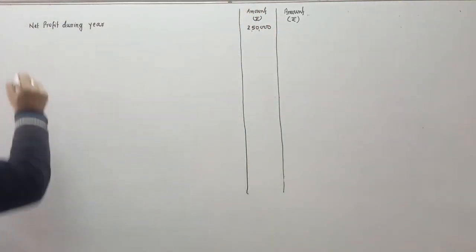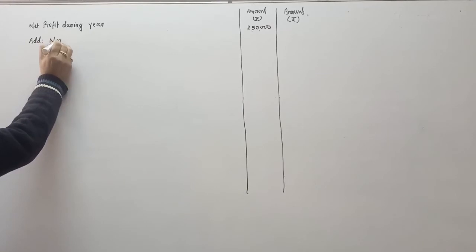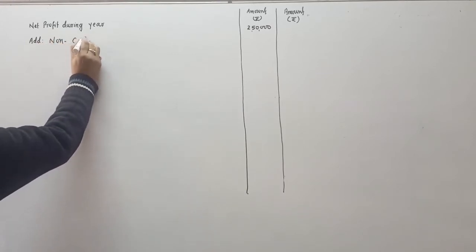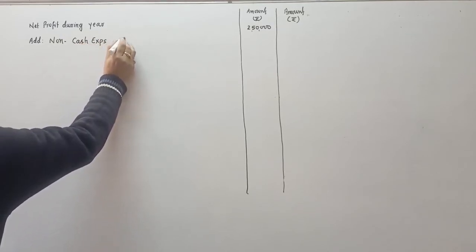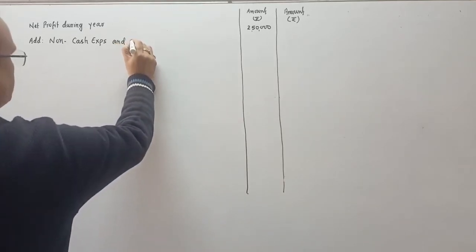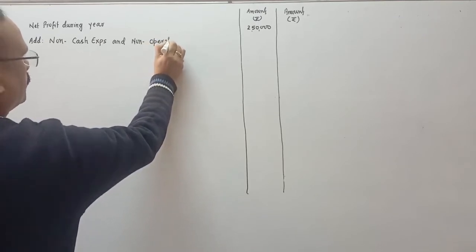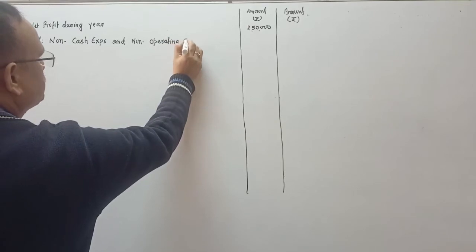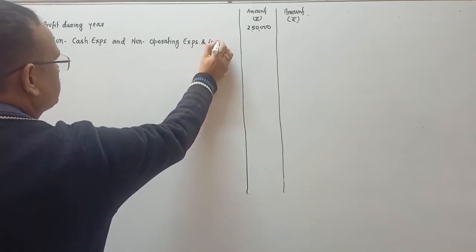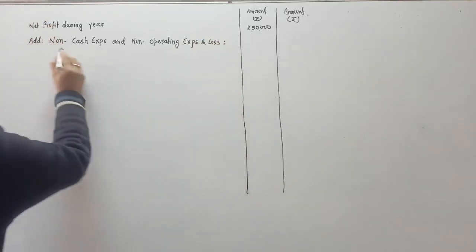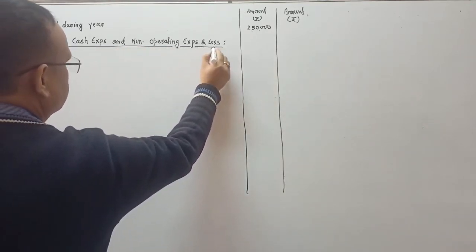Okay, 2,50,000. We will add non-cash expenses and non-operating expenses and losses.